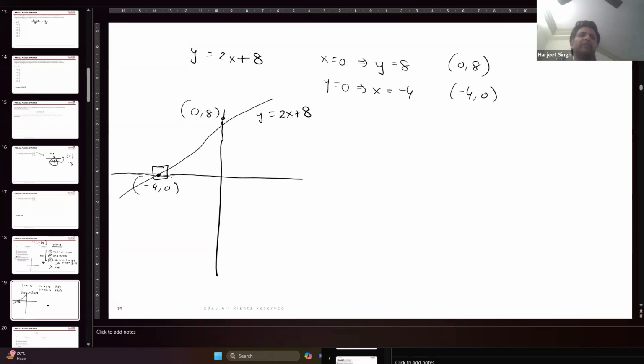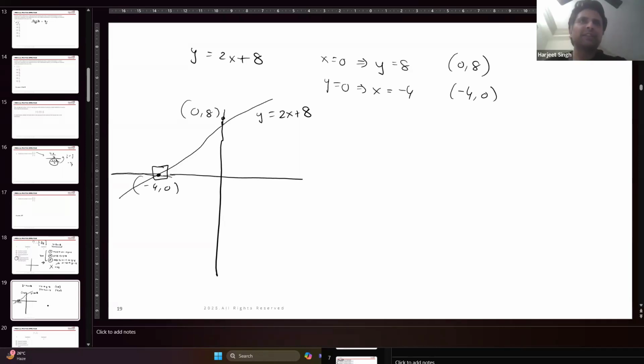And hence, if you take a value less than -4, it will flip. X and Y will flip. Got it?